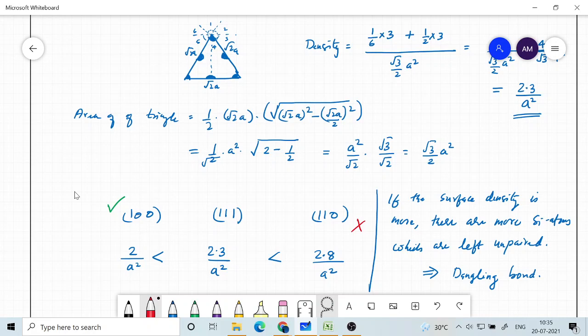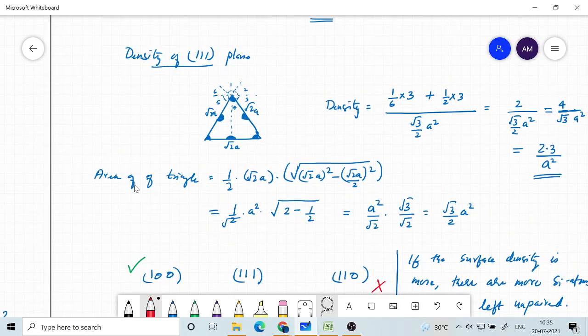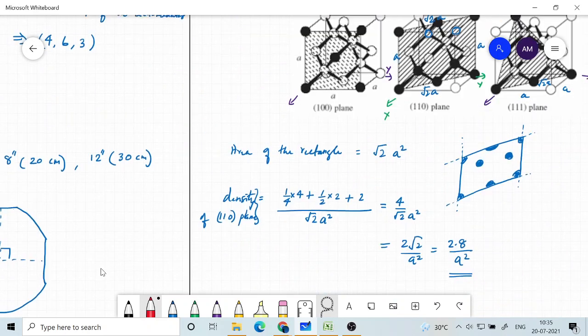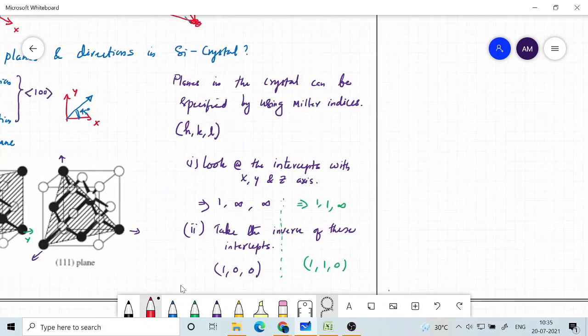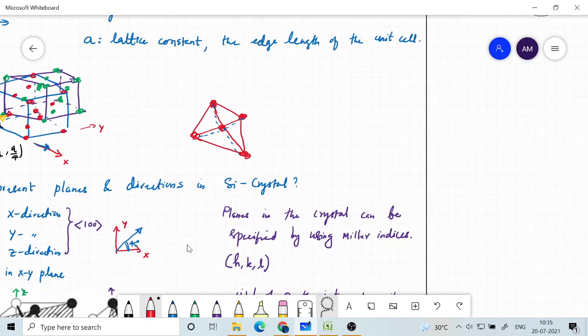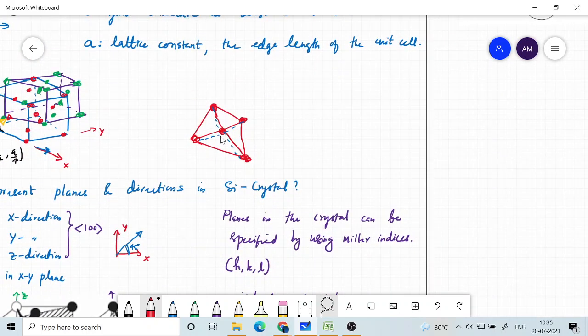So we know that each atom is actually part of a tetrahedron. So if there is no silicon atom to complete that tetrahedral bond, then they remain inactive. Okay, so here I have shown like this. If this top atom is not there, this center atom is not able to complete its bonding requirement.